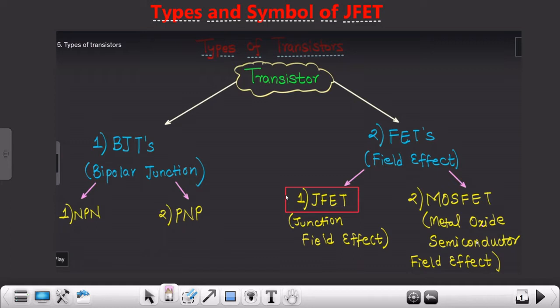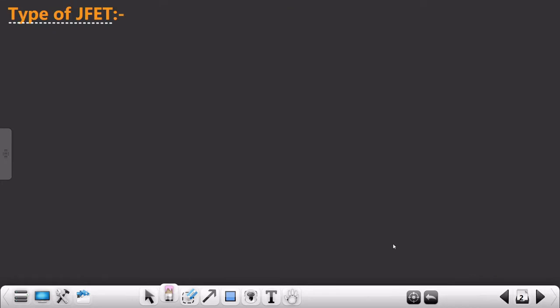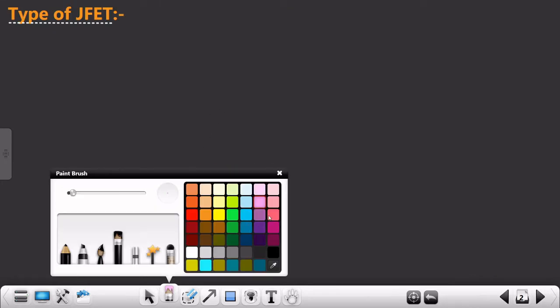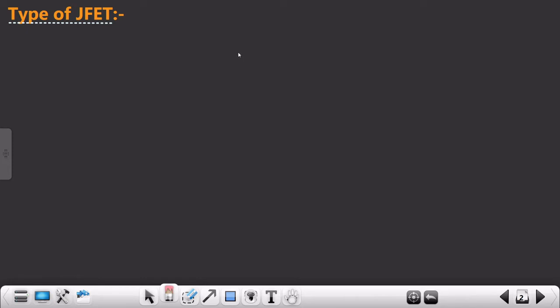Now we will focus on the types of JFET. Let me write over here: JFET, that is junction field effect transistor. This is further divided into two types.